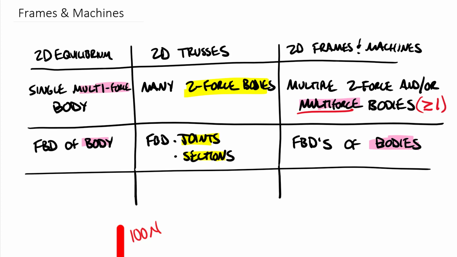For a single body, we know we had 3 equations. We could solve for 3 unknowns. Permit me just to abbreviate unknown as UNK. For 2D trusses, if we did method of joints, we summed our forces at each joint.